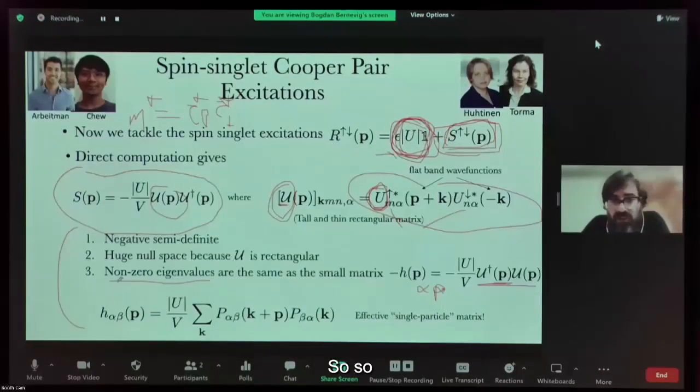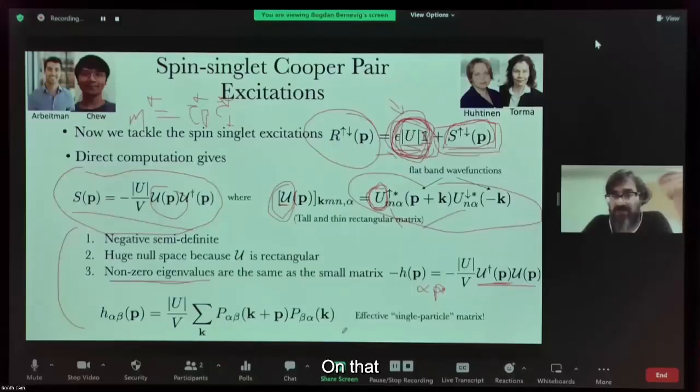So the non-zero eigenvalues of this S matrix, up to a shift, are the eigenvalues of the two-body spectrum up to an identity shift.